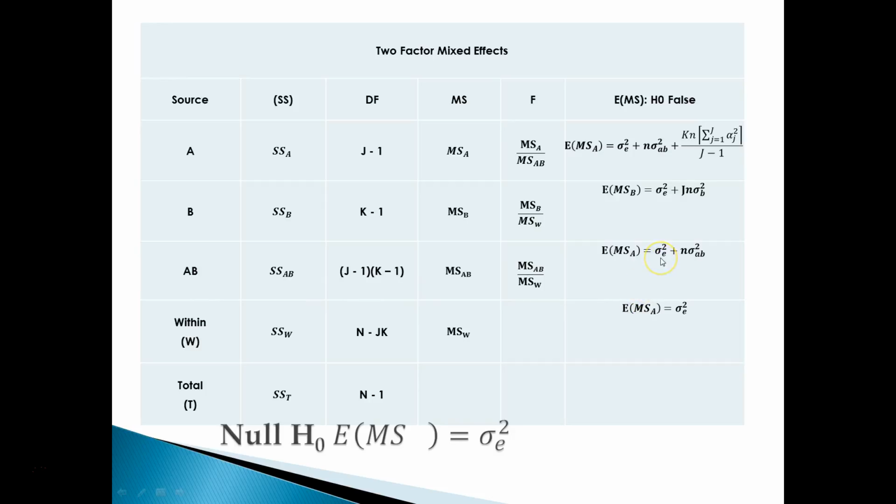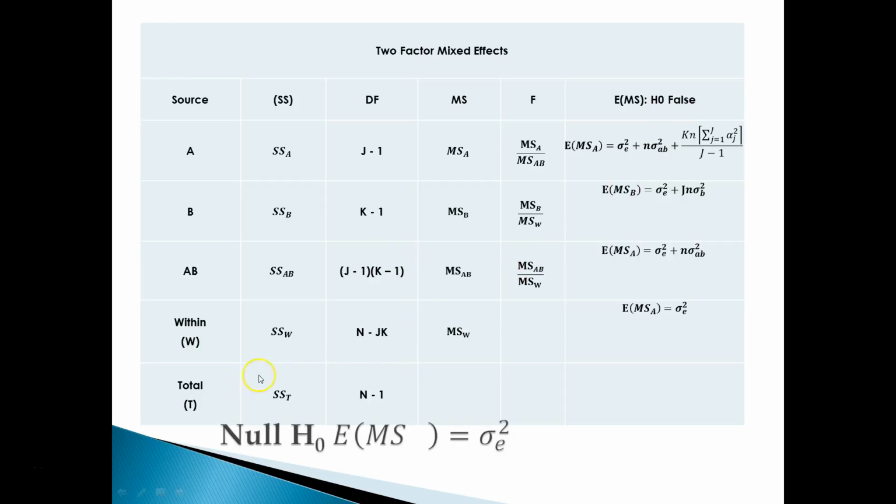The interaction is treated as a random effect. It is just the residual error plus the interaction. B is treated like a random effect. And if we notice, in a mixed effects model it just has error plus its random effect. Whereas A now has both error and its effect, plus the middle term, which is the effect of the interaction.